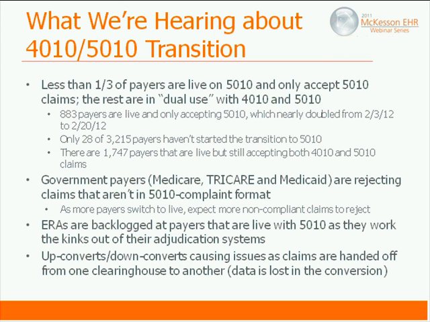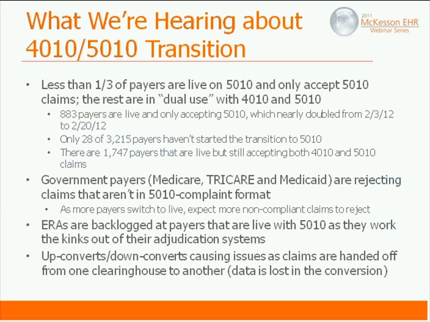So here's a snapshot actually as of today based on the payers that work with our Relay Health Clearinghouse. So essentially as of today, less than a third of the payers are actually live on 5010 and only accepting 5010 claims. So there's a whole lot of other payers out there that are in this kind of dual state of accepting both 4010 and 5010 claims.